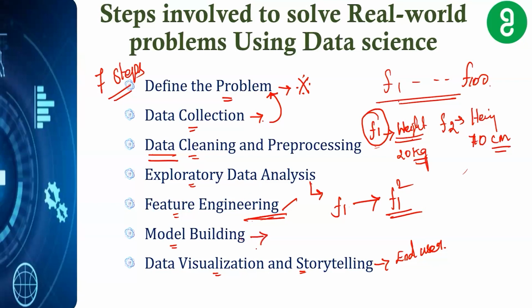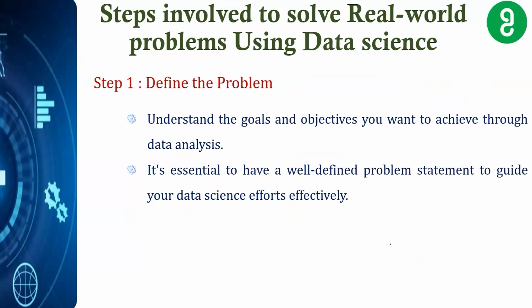Model building depends on the problem. You will need to choose appropriate machine learning or statistical models. Your first step would be defining the problem. First understand the goals and objectives you want to achieve through the data analysis.